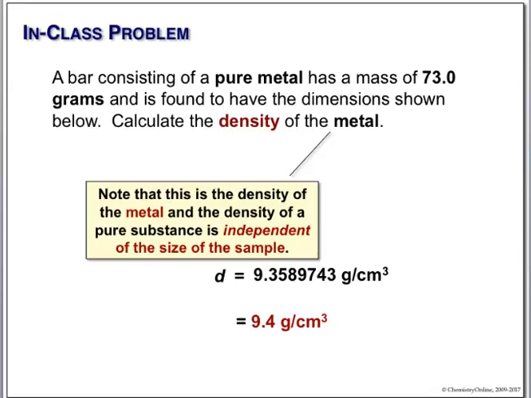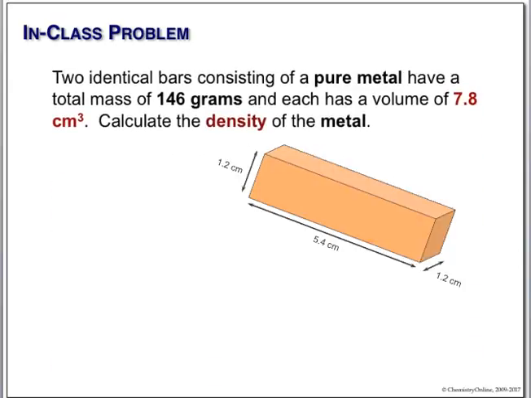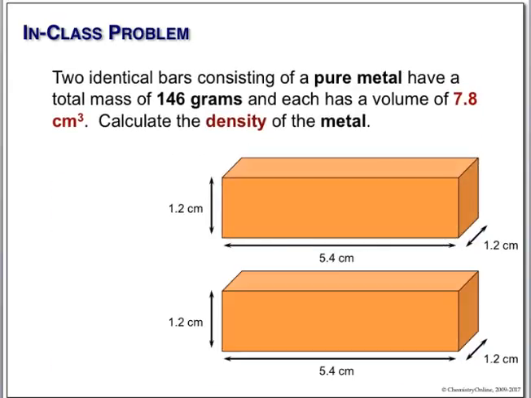And I'm going to show that by doing this same calculation. Instead of 1 bar, let's say our sample size was 2 bars. So our mass is going to be double, 146. Each of these has a volume of 7.8. So let's do our calculation.